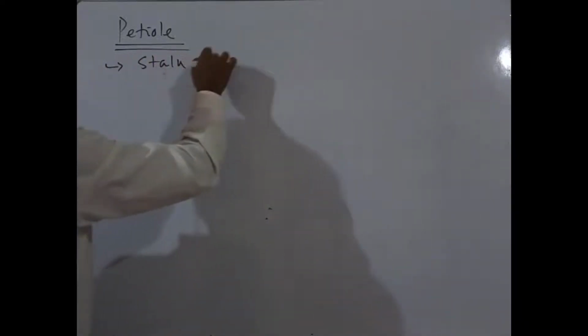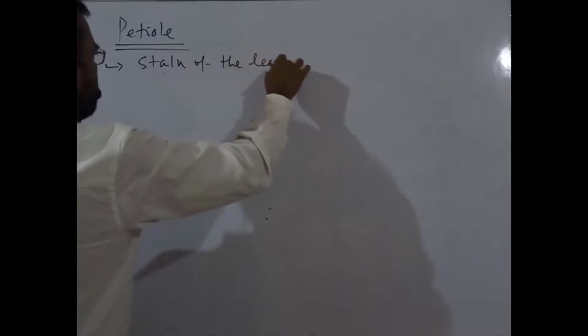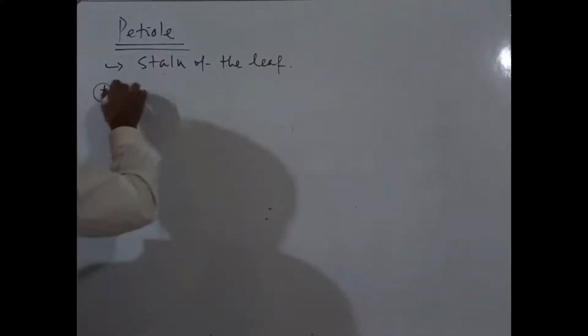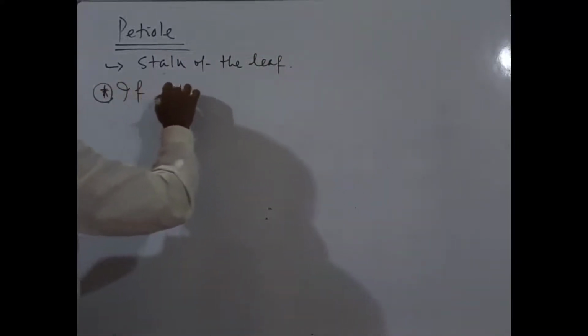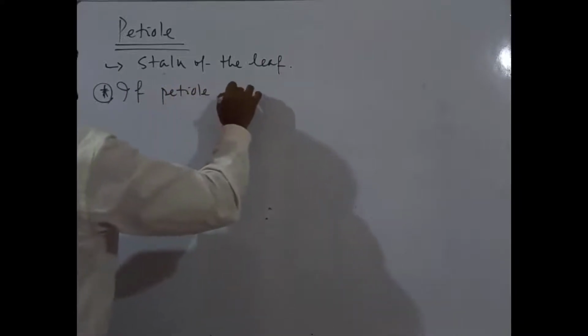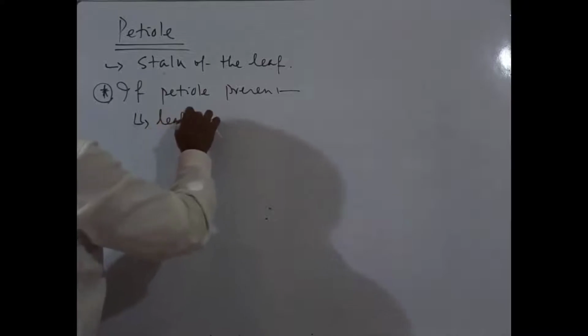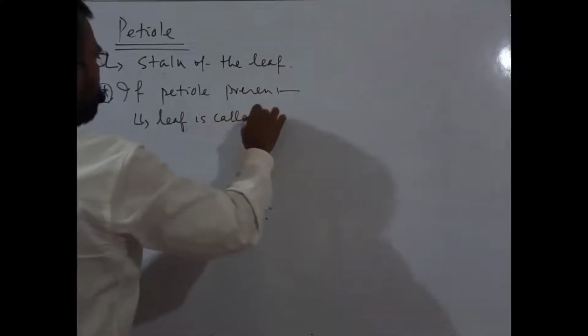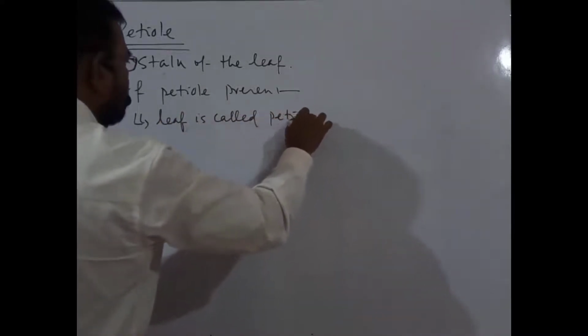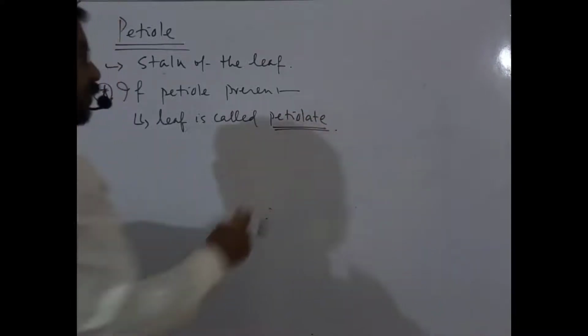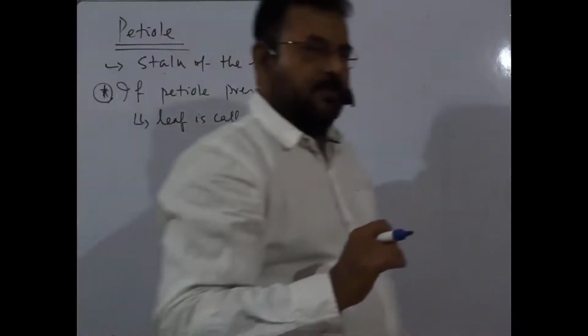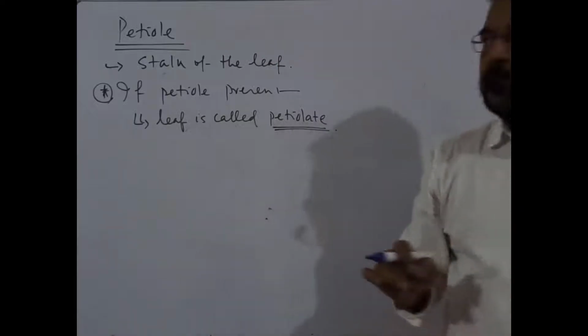That is called as the stalk of the leaf. If petiole present, अगर लीफ में पिट्यूल होता है, then leaf is called petiolate. अगर पिट्यूल होगा तो लीफ को बोलेंगे पिट्यूलेट लीफ, that is called petiolate.